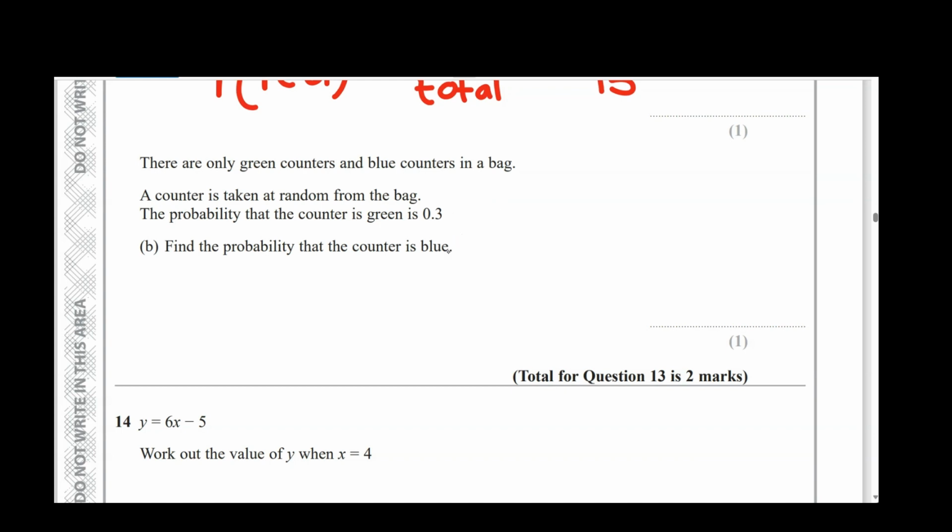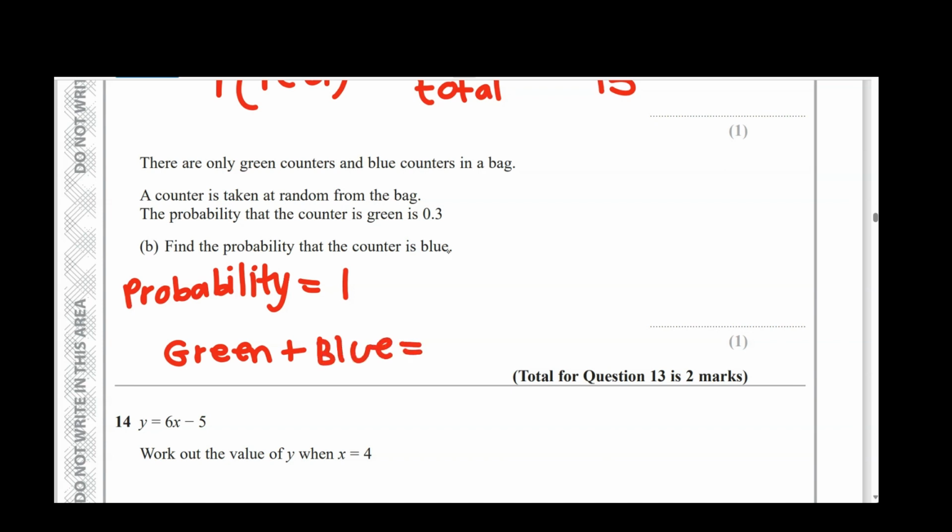With probability, if you add up probabilities, it always has to add up to 1. So if I've got 0.3 green, plus blue has to give me 1.